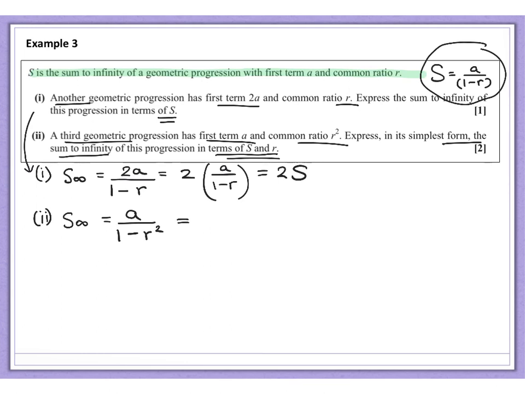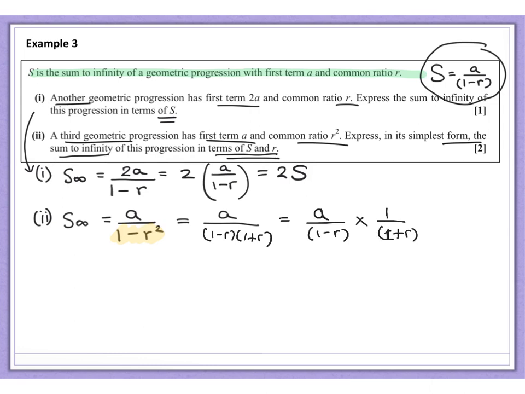So one way in which I might do that is to remember that that denominator there, 1 minus r squared, is a difference of two squares and can indeed be factorised as 1 minus r, 1 plus r. And then I can rewrite this as a over 1 minus r multiplied by 1 over 1 plus r.